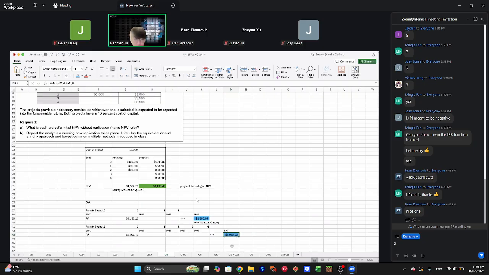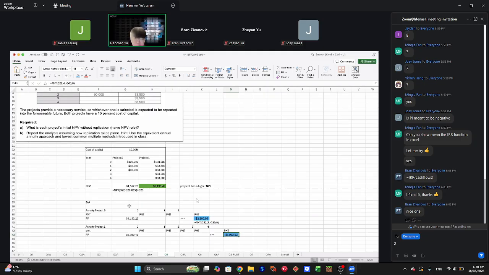The general idea is we try to convert the project NPV into an annuity, and then we compare the annuity payment. The one that gives you a higher payment is the better one. So this is how we solve EAA and how we interpret the method of EAA.